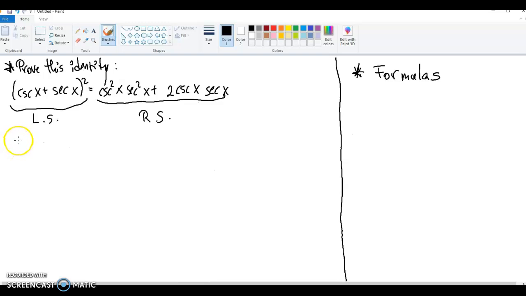So (cosecant of x plus secant of x) squared. I can immediately see that if I make this first term a and this second term b, I can apply the (a plus b) squared formula, which is the square of a sum algebraic formula. (a plus b) squared is a squared plus 2ab plus b squared.